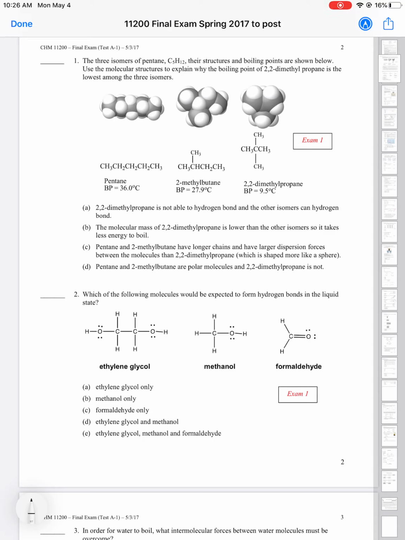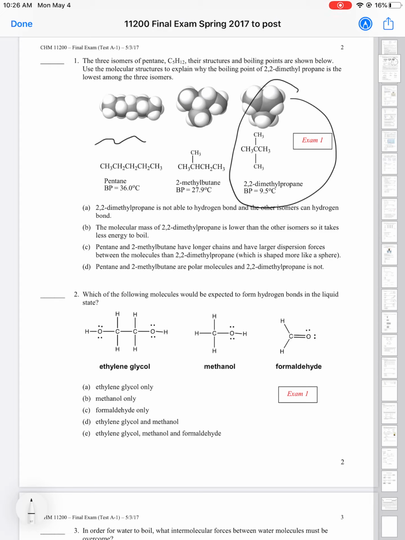Okay, number 1, the 3 isomers of pentane, C5H12. Their structures and boiling points are shown below. Use the molecular structures to explain why the boiling point is the lowest among the 3 isomers. So this one is the lowest boiling point. And so we see pentane, it's all spread out.